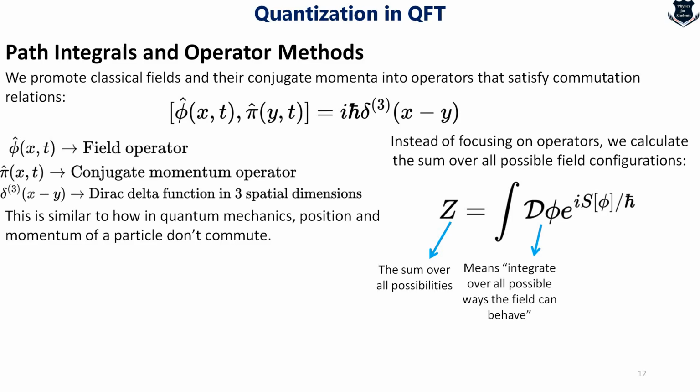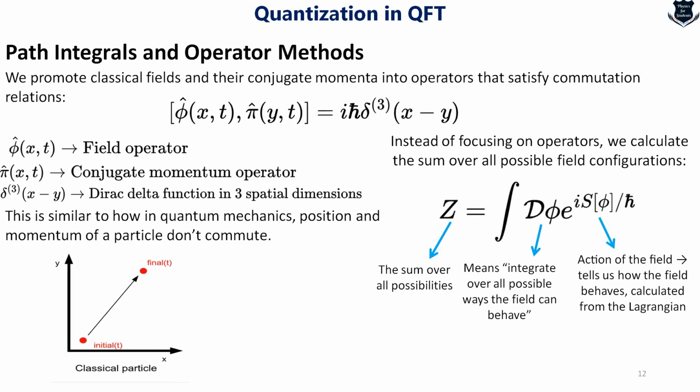The D phi means integrate over all possible ways the field can behave, and S of phi is basically the action of the field, from the Lagrangian. It tells how the field behaves. Don't worry about the mathematics, it is not important. Just understand the concept and the shift from quantum mechanics to quantum field theory.